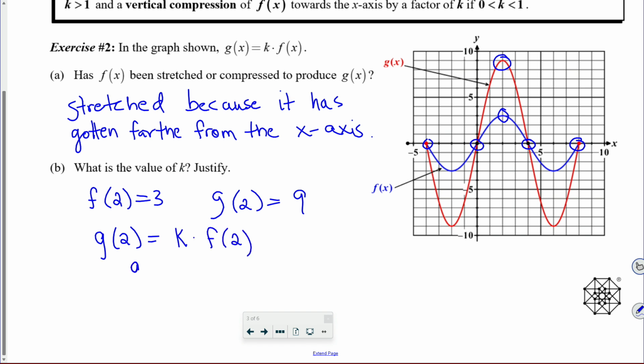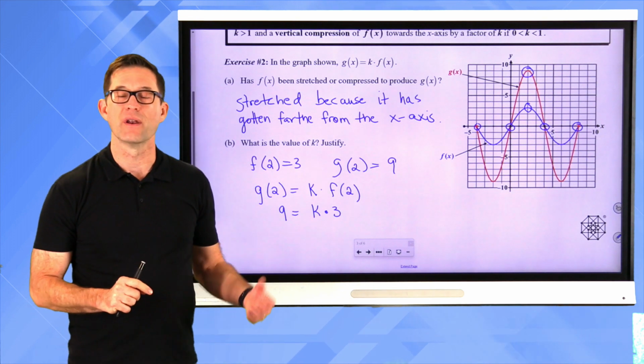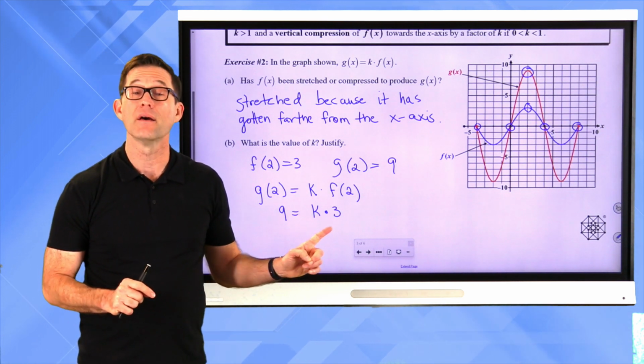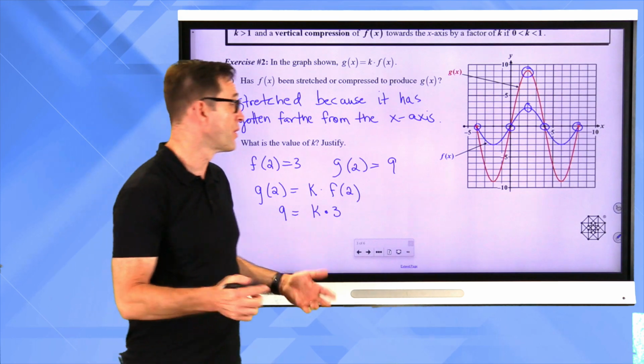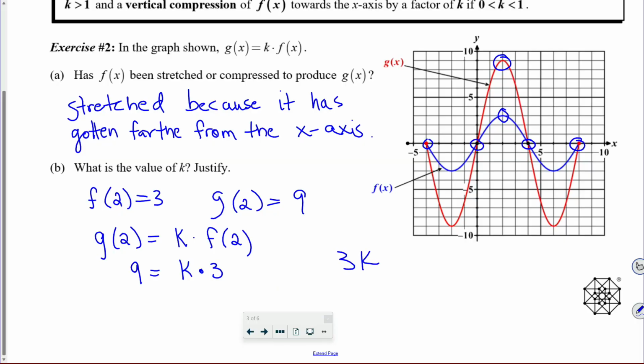Since g of 2 is 9 and f of 2 is 3, we're simply solving 9 is equal to k times 3. If 3k is equal to 9, divide both sides by 3, and our k value is 3.